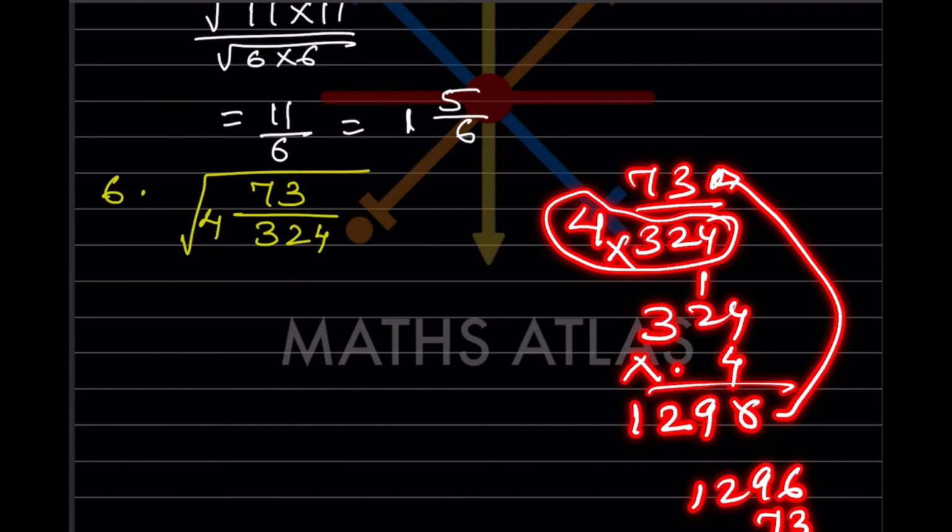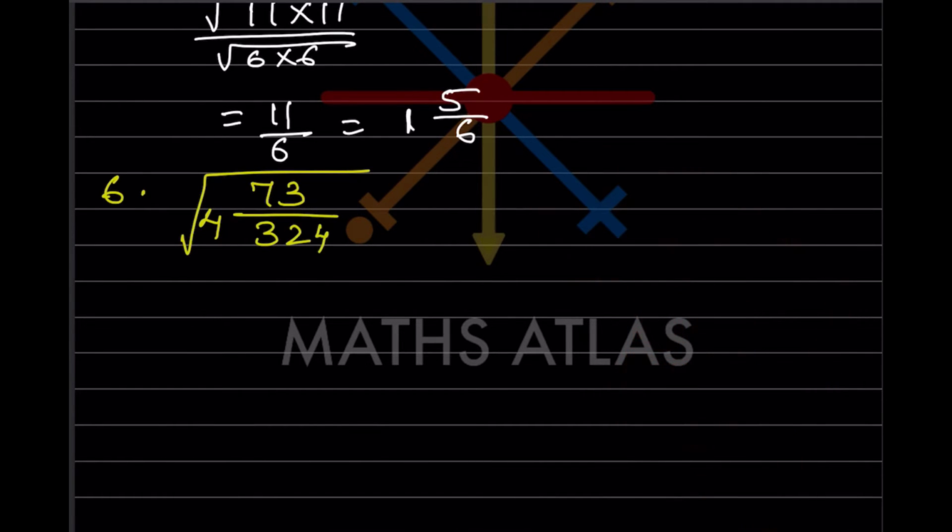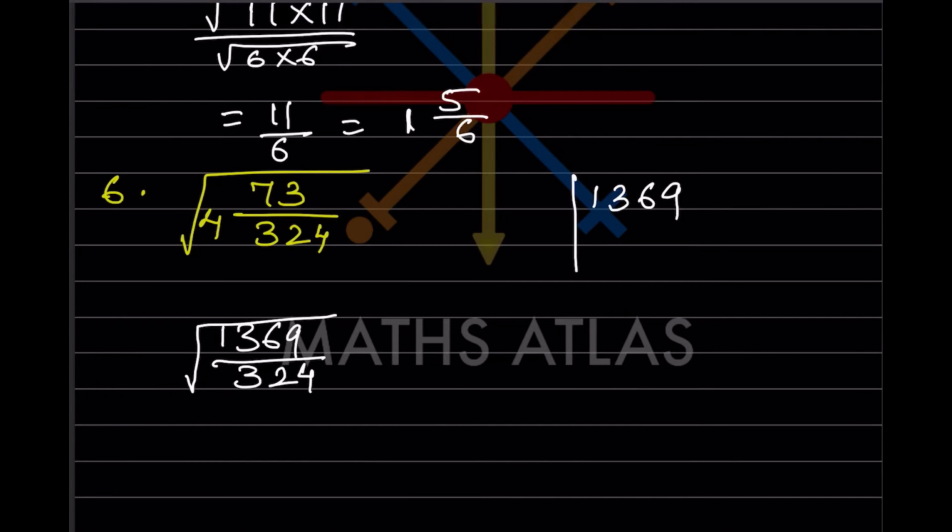So now what will you do here? You will write 1369 divided by this number, that is 324. Now see here, because this is a big number, directly it's not easy to do. Let me do it here. For 1369, we'll take the factors with the help of prime factorization.